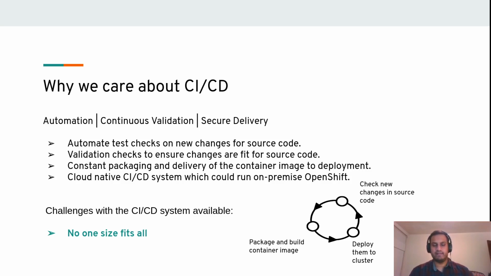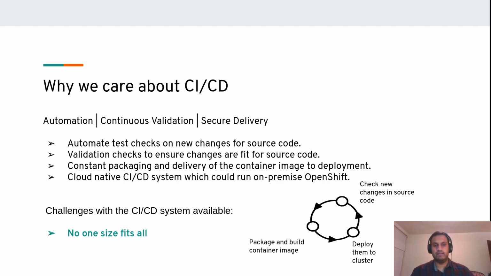Once this code gets into the source code, it needs to be delivered to the production environment or the development environment. So there the delivery part comes in. Today we'll be talking about the continuous integration and delivery system. Continuous deployment, we are not considering right now. We are just focusing on the integration and delivery aspect of it.